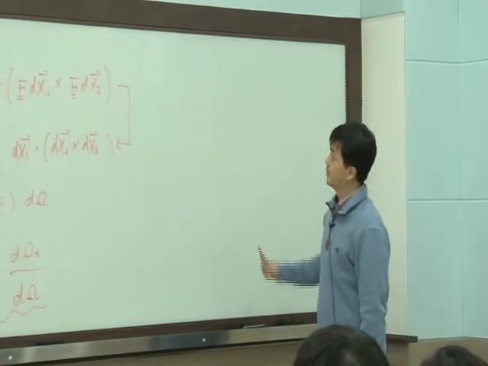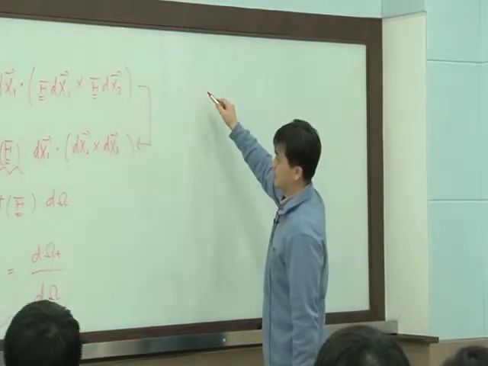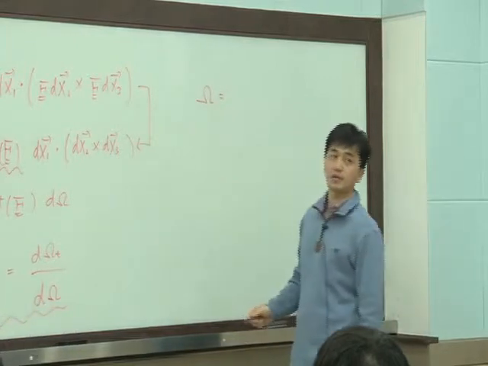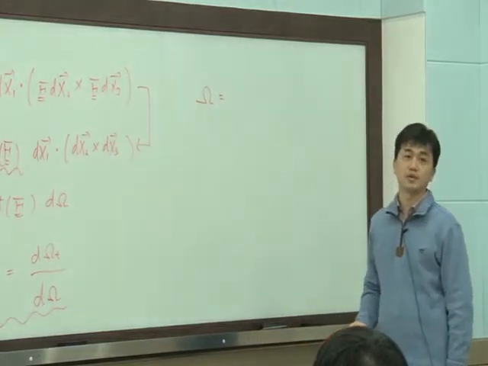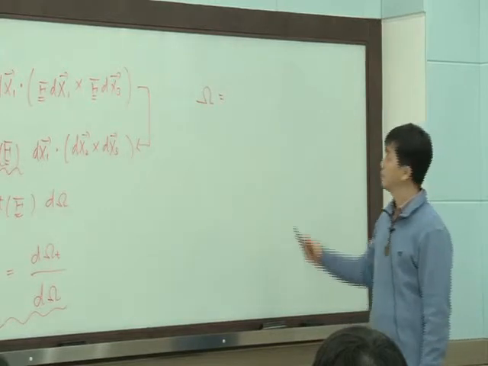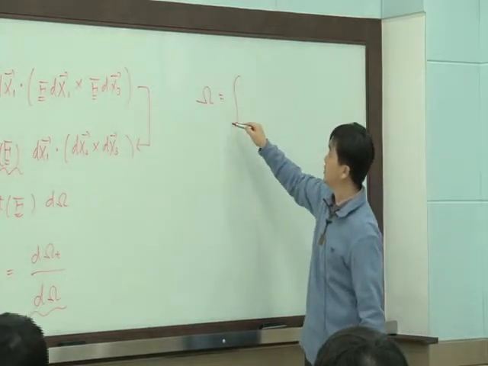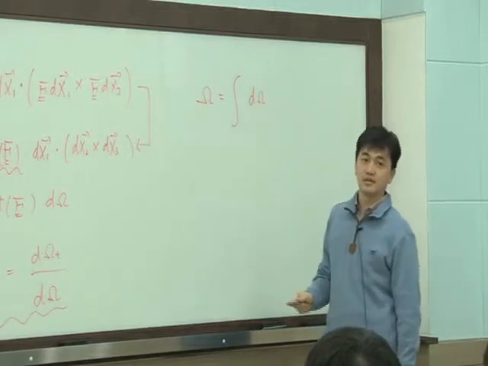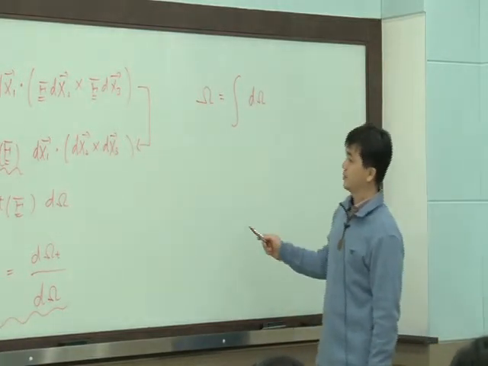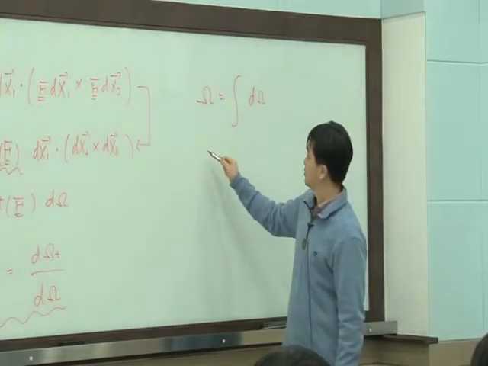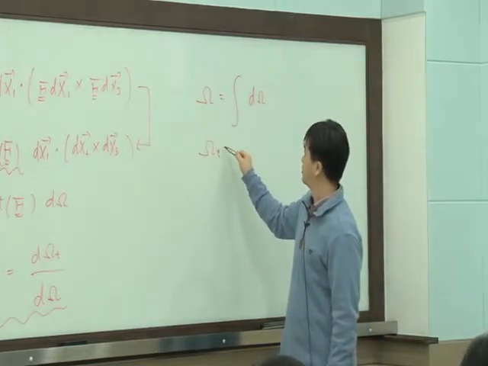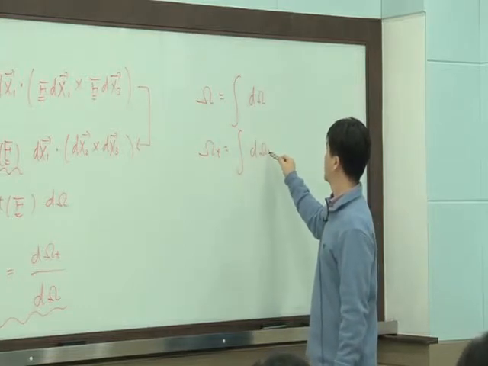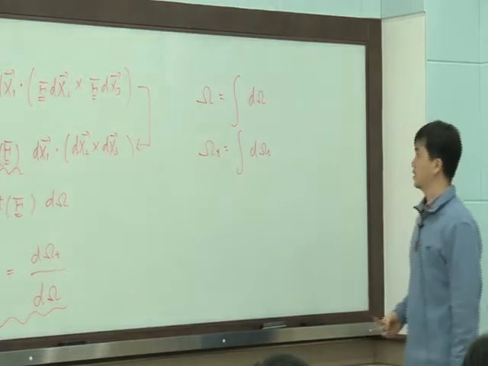Okay, then how about the current volume? How can we calculate the current volume, total volume? We need to integrate d omega t. This is current volume. Initial volume. Current volume equal integral of d omega t, right?